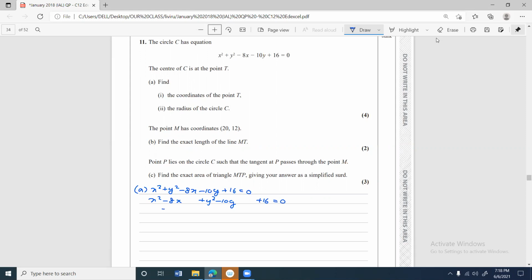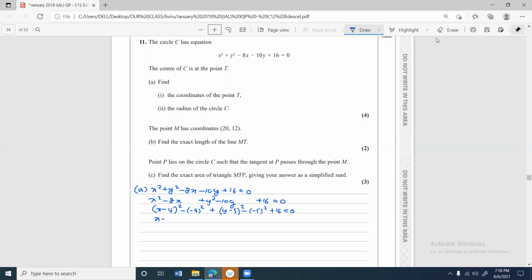Take half of minus 8, which is minus 4. The variable is like this, x minus 4 squared, minus this number squared. It's the completing squares format. Half of minus 10 is minus 5, so y minus 5 squared minus 5 squared, minus 16 equals 0.